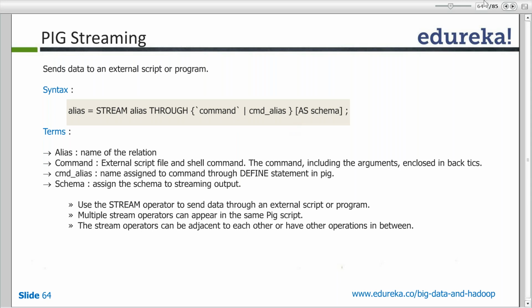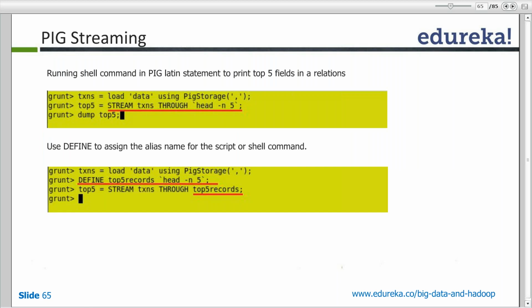A typical example. Let's say this head -n5 is a shell command. It will print the first 5 lines of your file. So I'm loading a file, and I want to print the top 5 records. So I say head -n5, that's basically a shell script, it's not a Pig statement.